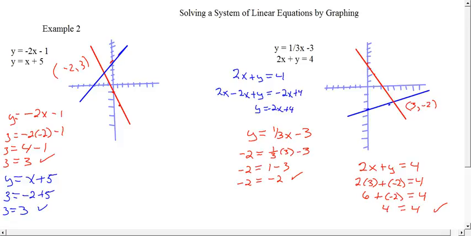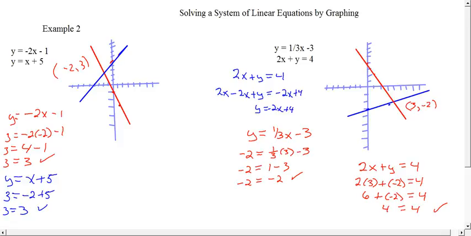That is, if we're given an ordered pair of some value, we look at it and see by substitution if it is true for both equations, and if so, then it would be a solution to the system. Now we want to actually take a look at literally graphing these particular systems on a coordinate plane and see where they meet.